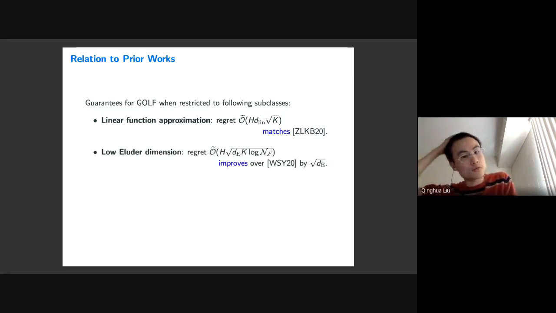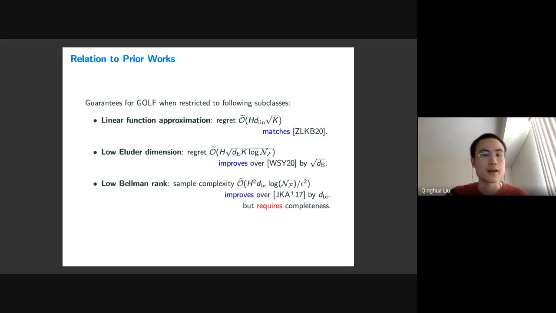In the low Eluder dimension setting, we have regret scaling as the square root of the Eluder dimension times the log covering number times the number of iterations K. This improves over the result in Wang et al. by a square root of the Eluder dimension. I think their result also depends on the log covering number of the state-action space, and they adopt a stronger version of the completeness assumption. In comparison, our results don't depend on the state-action space and only require the standard completeness assumption.